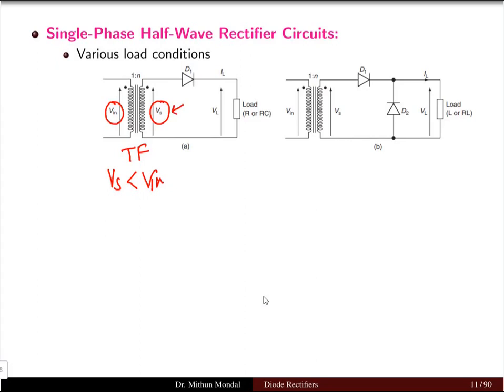After the transformer, we have a diode which is connected in the network, and different loads are connected in the network. The diode will be forward biased when the input voltage Vs is greater than the diode potential, and it will be reverse biased when the input voltage is less than the diode potential.